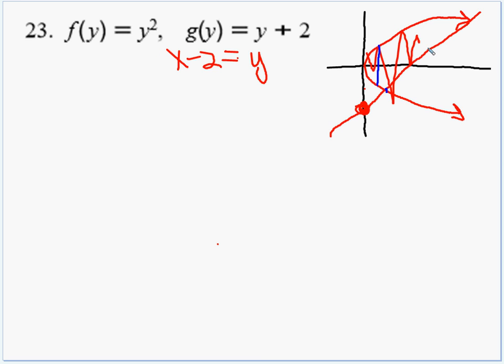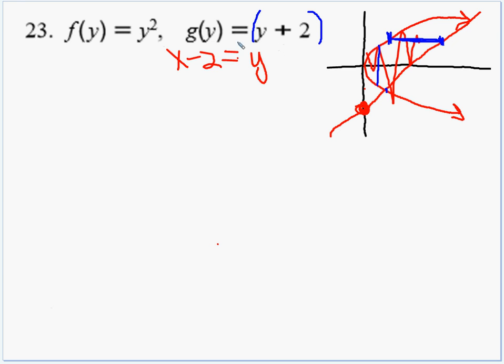So this one, it's going to be easier to do it to the y-axis, because if I draw my representative rectangle horizontal or perpendicular to the y-axis, the right side of that representative rectangle is touching the straight line. That would be the y plus 2. And the left side of that representative rectangle is touching the parabolic curve y squared. So this is going to be much simpler to do if we go to the y-axis.